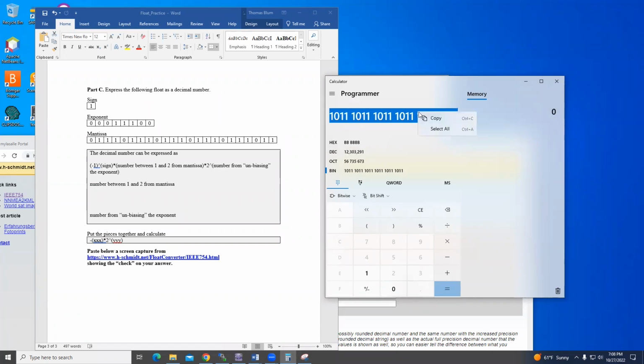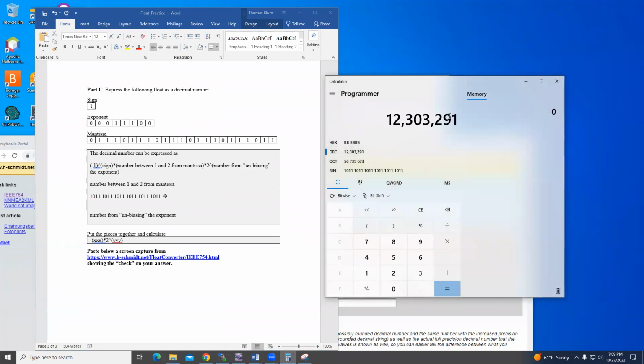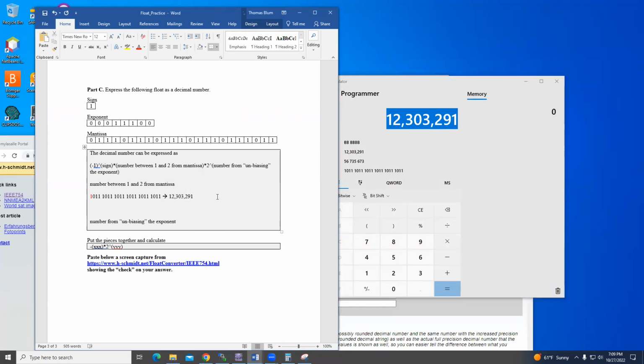So I'm taking this, and I'm converting it. Make that little 1 red. And I convert that to decimal, so that's here. And then I'm going to divide that by 2 to the 23.